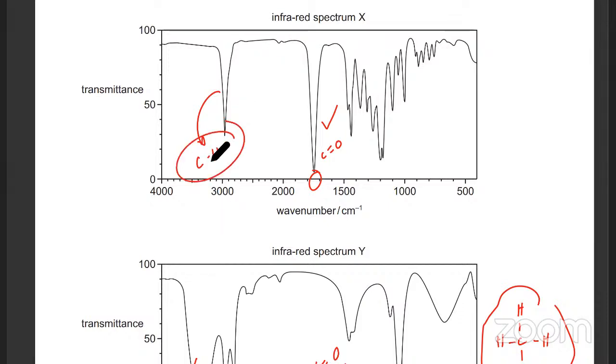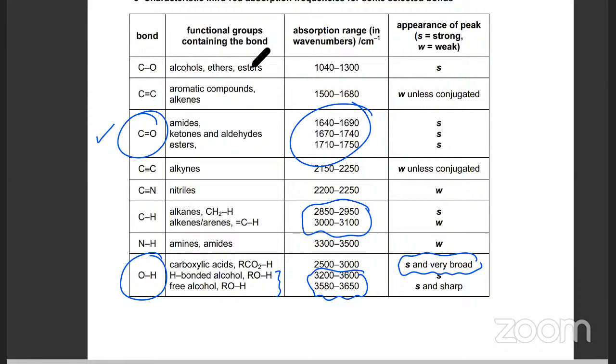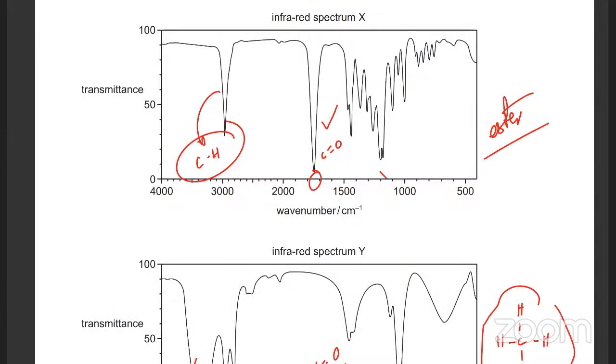So the last one is definitely an ester. In esters, you have a C single bond O as well. So I'll look at the data booklet. C single bond O is 1000 to 1300, strong absorption. I can see a strong absorption in that range as well, so that's probably C-O.